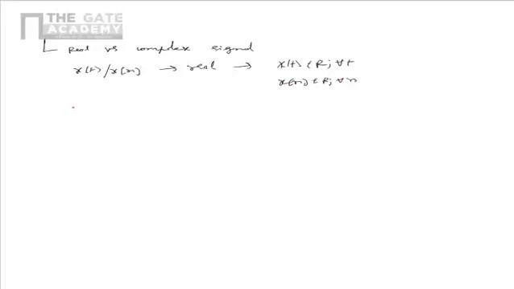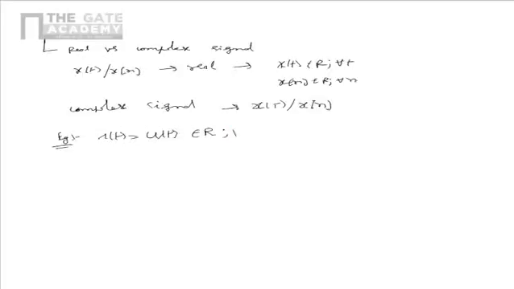Otherwise the signal is called complex signal, that is, if x of t or x of n takes at least one complex value, then it is called complex signal. Now for example, let us consider the signal x of t is equal to u of t. It takes only real values, that is, it belongs to R for every t. That implies the signal is a real signal.